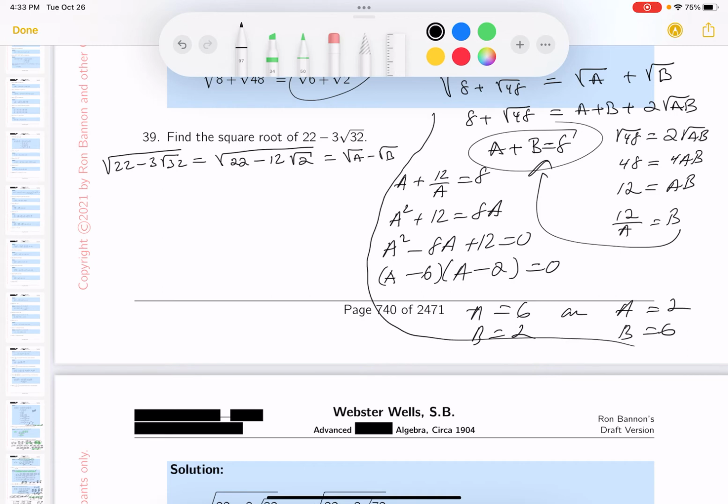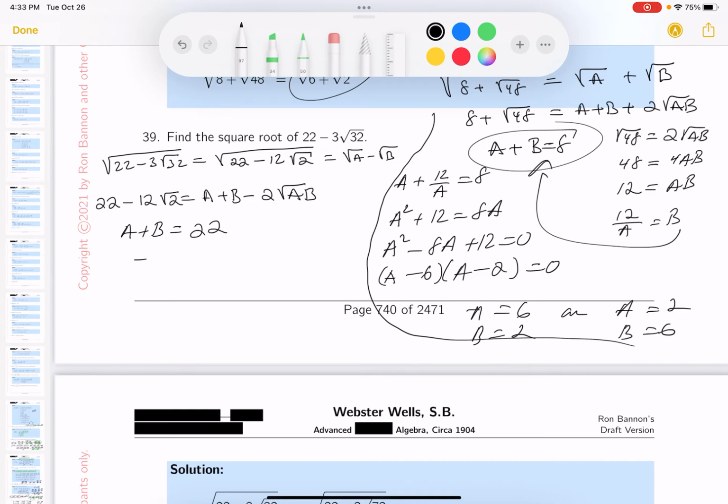And we're going to make an assumption that this is root A minus root B. All right? Let's square both sides. What do you get? Well, I'm going to write this down for you. 22 minus 12 root 2 equals A plus B minus 2 root AB. So A plus B equals 22. I'm equating coefficients.